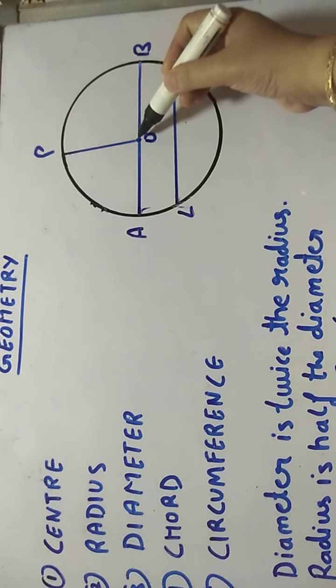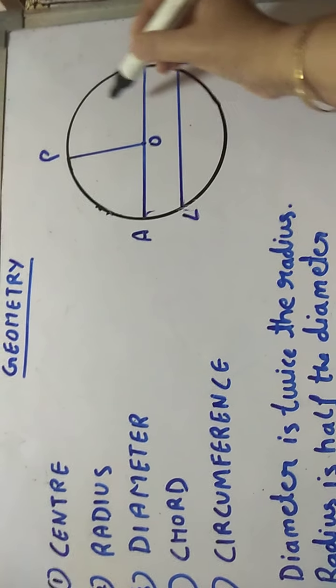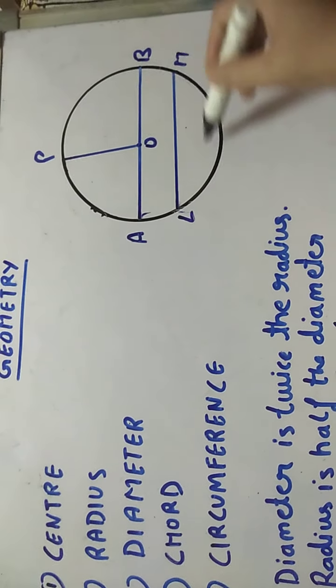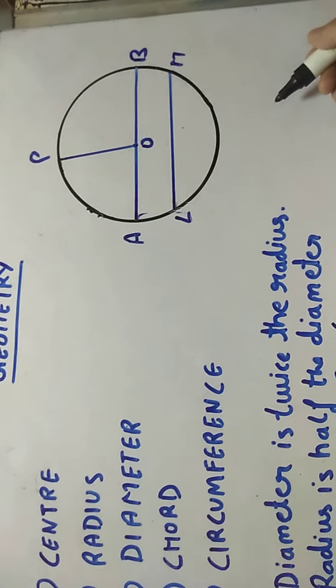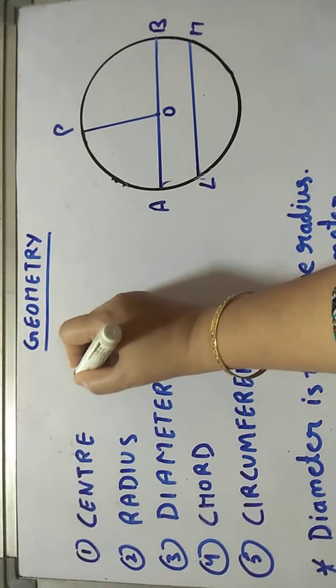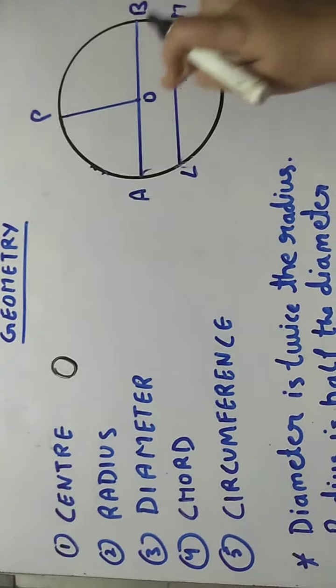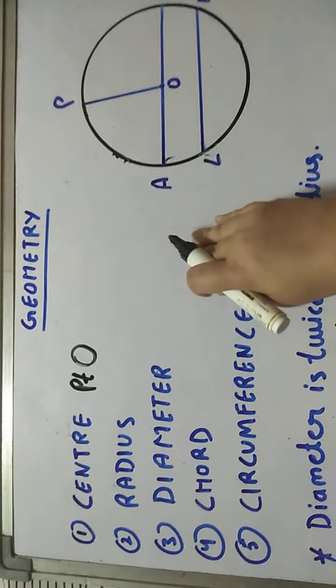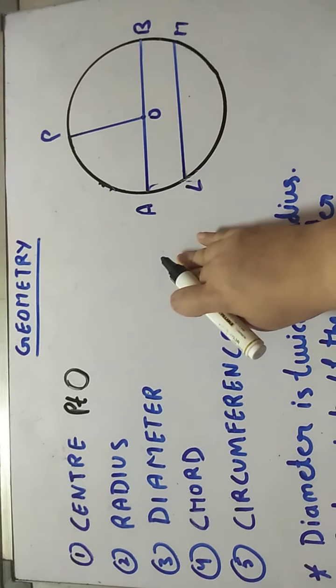So this is that point from where if we join any point on the circle, the line segments which are formed will all be equal. Okay, so we can write here the center is O. It is a point. Point O is the center. We can write only O as well.